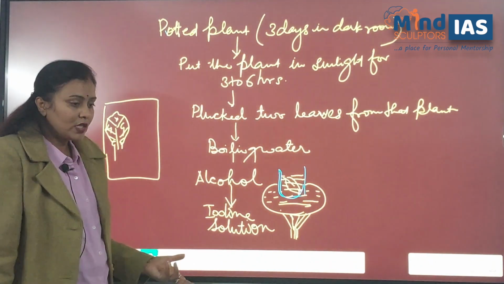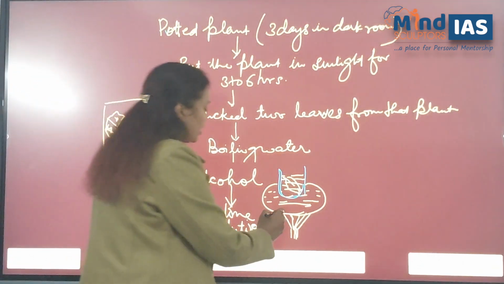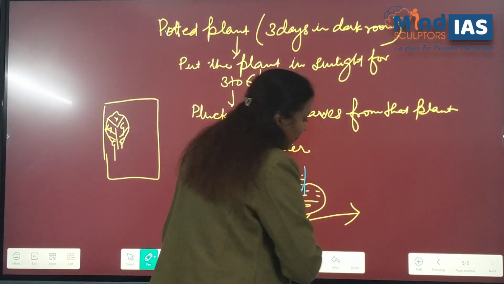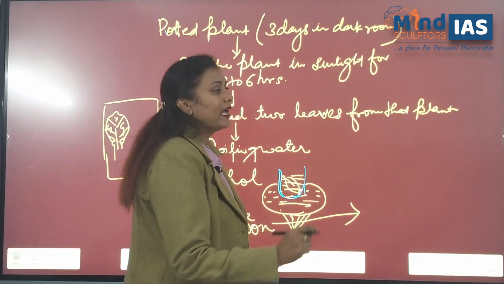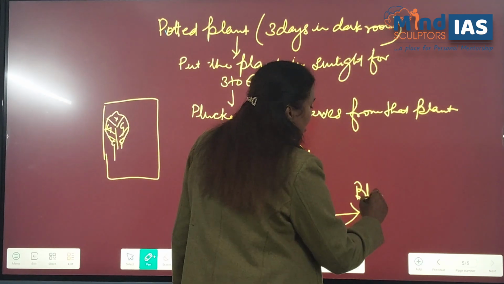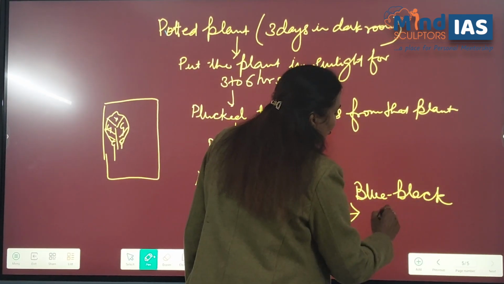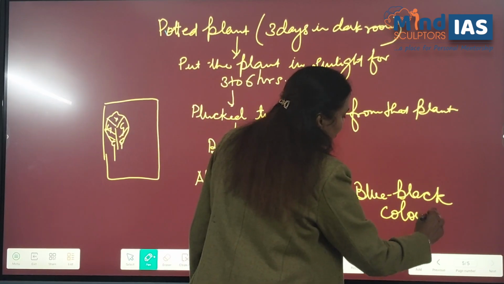What is the observation? The moment you put this leaf into the iodine solution, what will happen? All the green areas which you marked in the notebook will change into blue-black color.